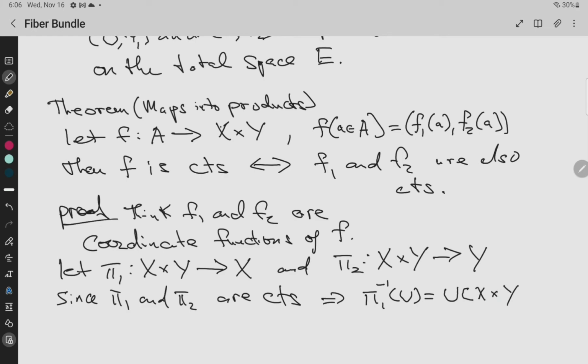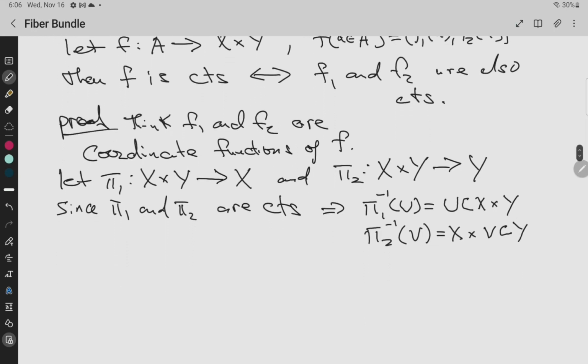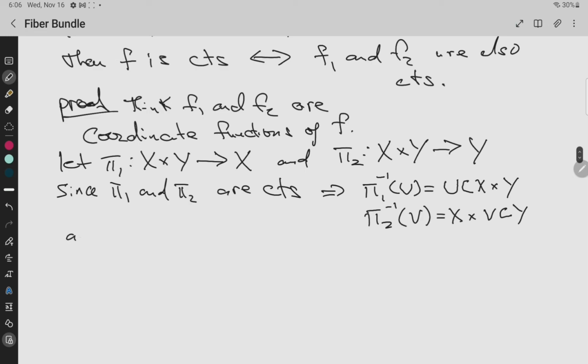And pi 2 inverse of V is equal to X Cartesian product V, where V is a subset of Y. These are both open because pi 1 and pi 2 are continuous.